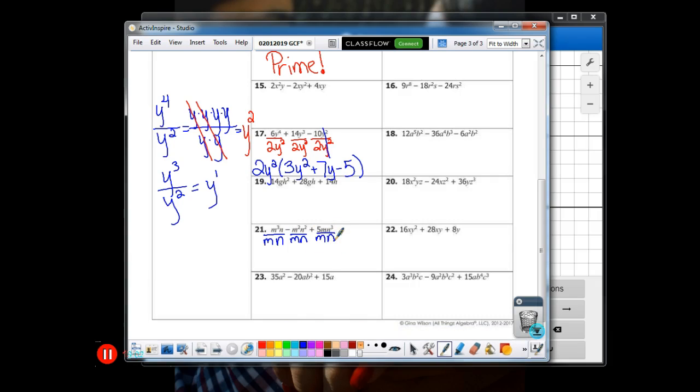Now I'm going to cancel this stuff out. So n cubed divided by n is n squared. So m, n, so this is m squared. The n's cancel out. Minus m squared divided by m is m. n squared divided by n is n.